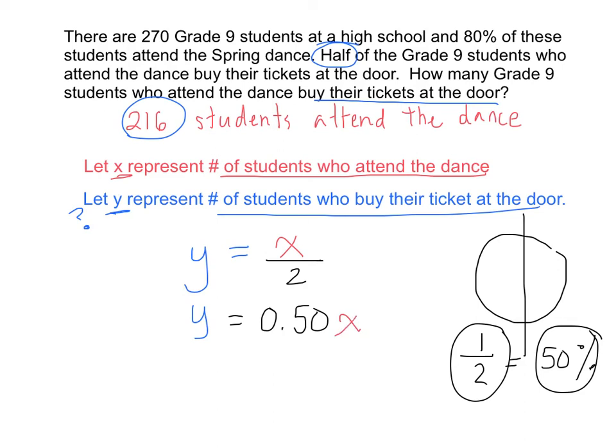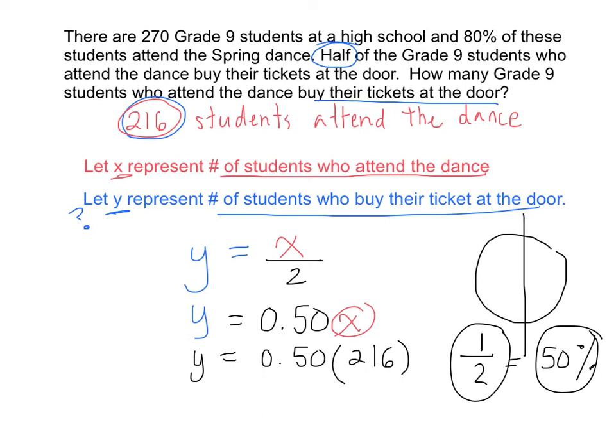That will tell us what 50% of that number is. So let's replace our x with 216, since we've just figured out how many students actually attend this dance. Y is equal to 0.50 multiplied by 216.